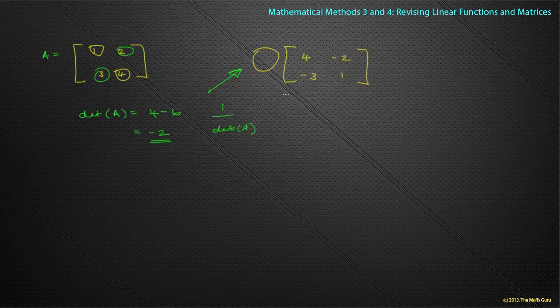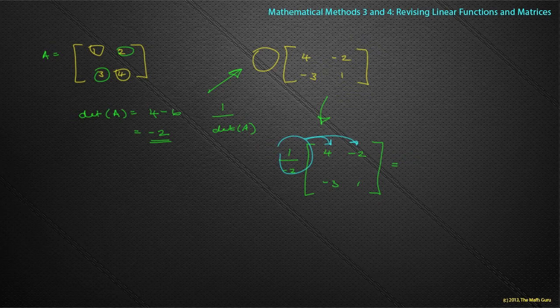So in which case, if we now finish this off, we have 1 over minus 2 multiplied by 4, minus 2, minus 3, 1. It's okay to leave it like this, but most of the time the book will write it in a different way, whereby it will multiply this value here by each of the terms inside the matrix.